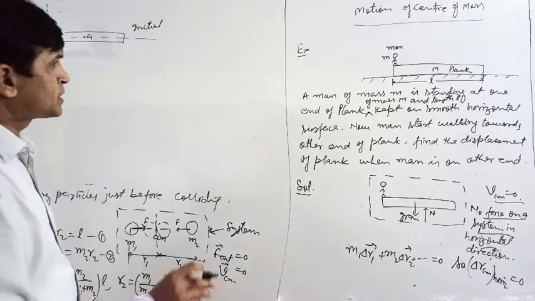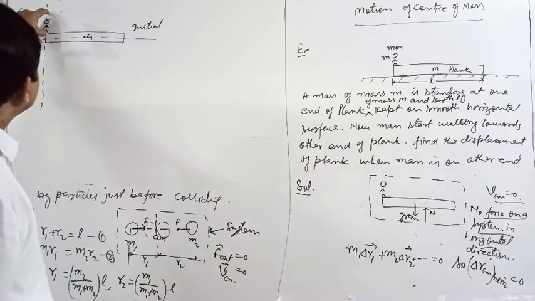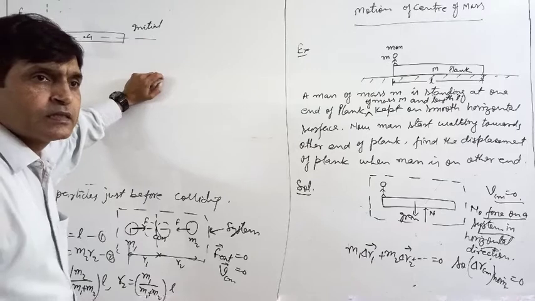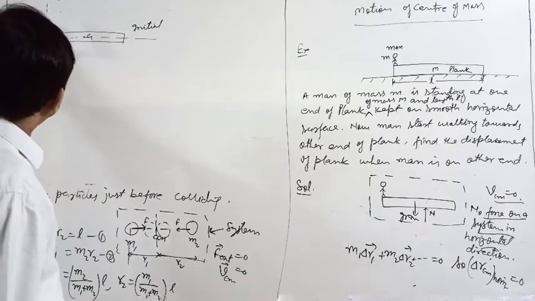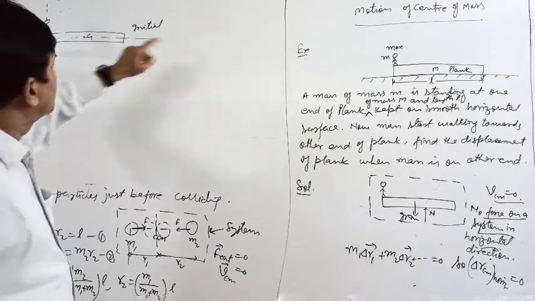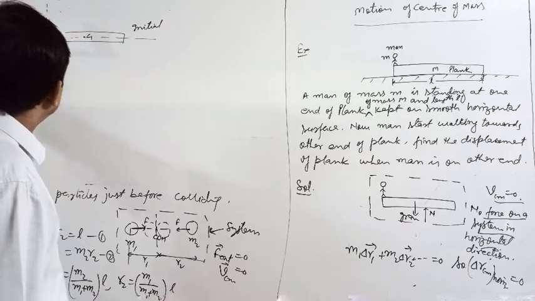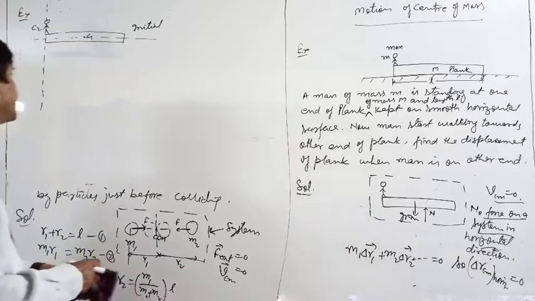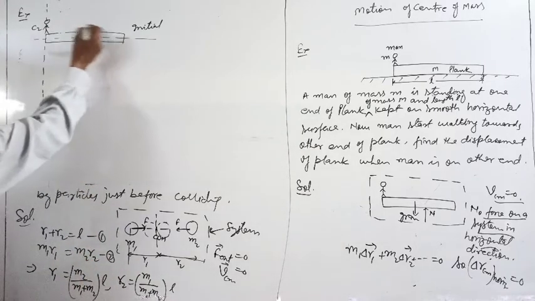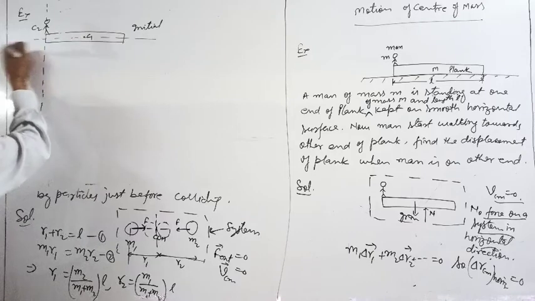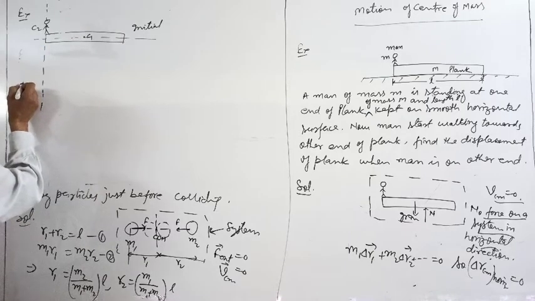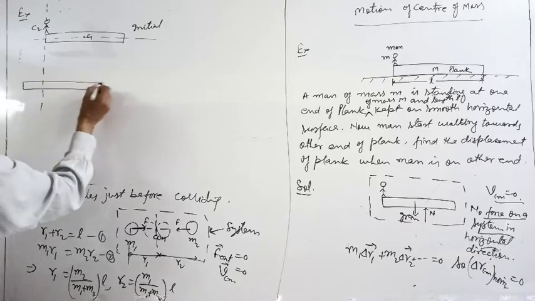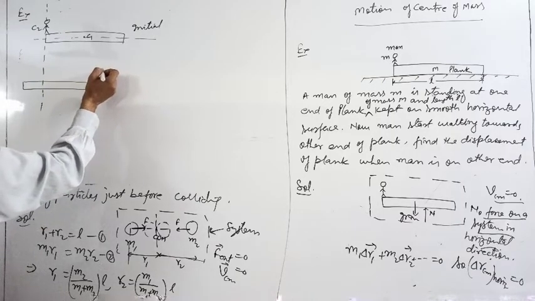First of all, the man will walk only when there is friction between the plank and the man. So the friction force on the man is in the forward direction, while the friction force on the plank is to the left side. Because of that, the plank will move. So see here. When the man reaches here, the plank will go to that side. Let the plank be here and the man here.